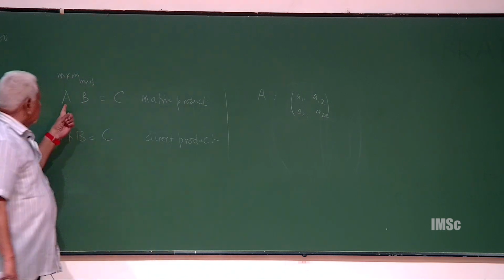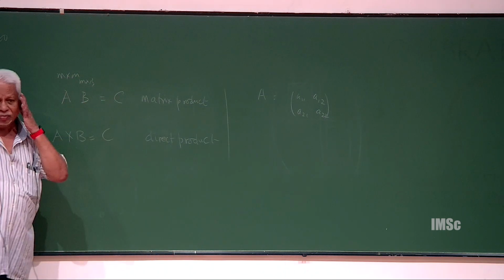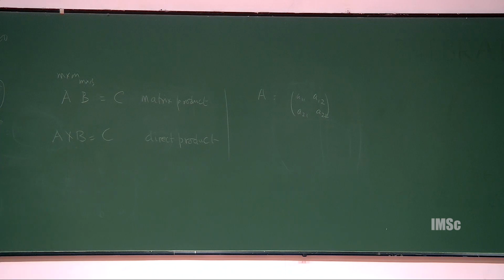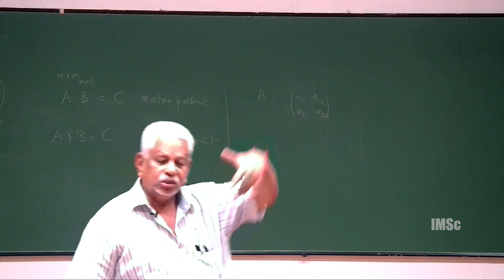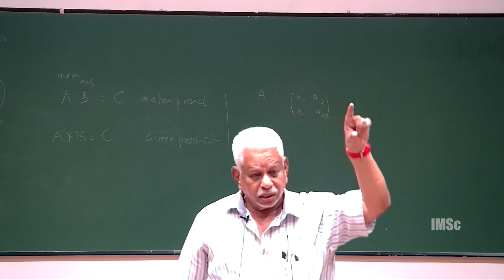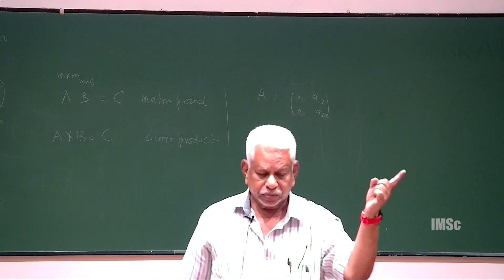Incidentally, in AB equal to C, the number of columns in A should be equal to the number of rows in B. That is what is needed. N cross M, it can even be a rectangular matrix, you can multiply by M cross P, but that M should be equal.